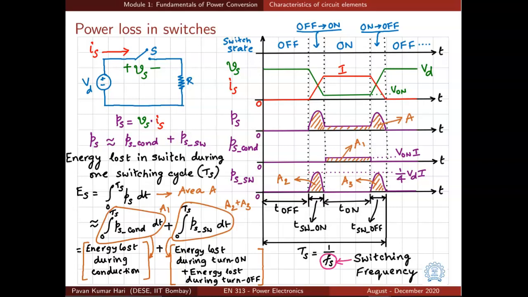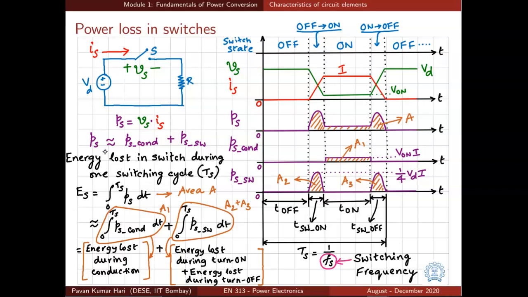In fact, it's an approximation which is valid because the transition times, the turn on and turn off times, are usually very small. So the waveform Ps is approximated by the sum of two waveforms, Ps underscore COND and Ps underscore SW, conduction and switching.